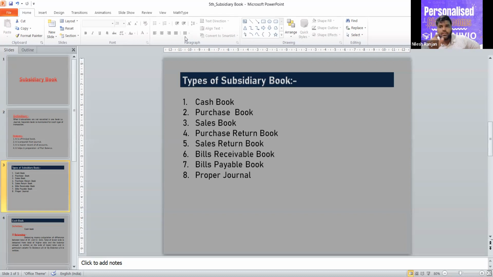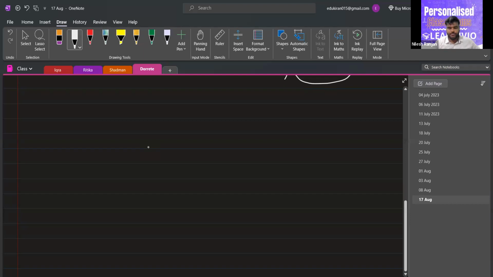I told you that if we have purchased goods on a cash basis, okay. So let's take an example here. Have you returned some goods to someone? No, sir.